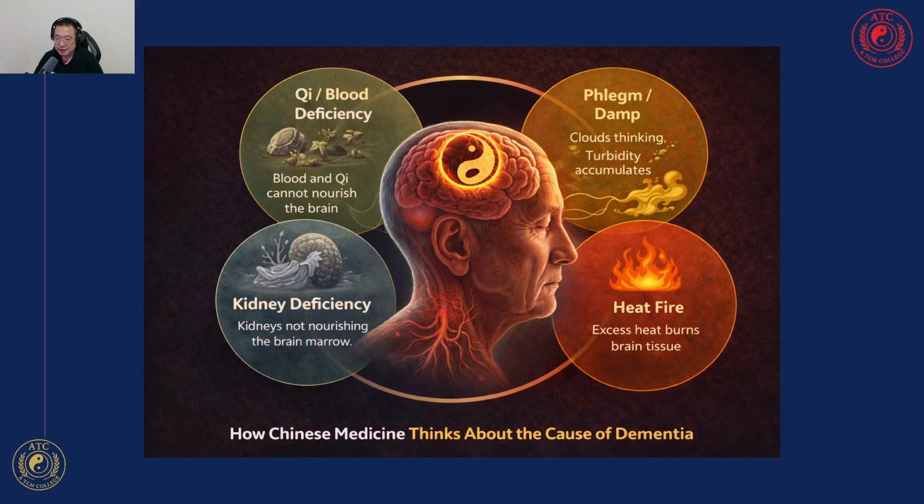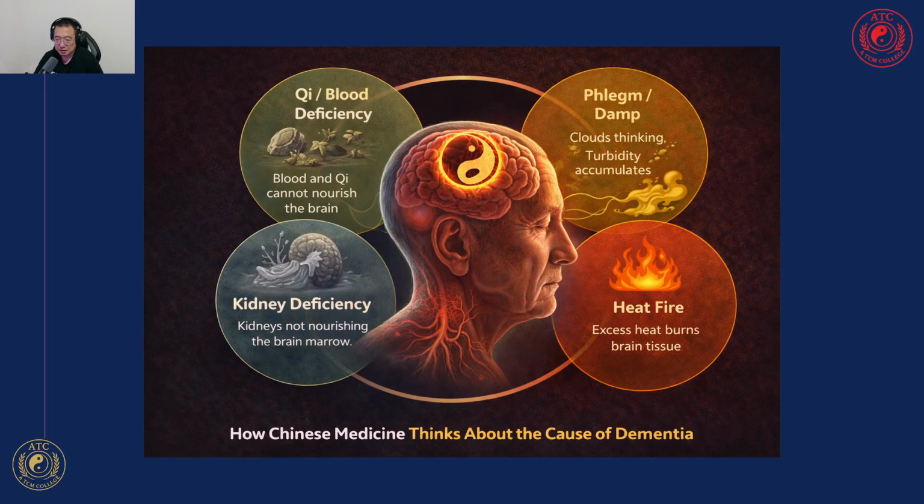And for the excess, the yang part, there are two things that need to be concerned in the cause of Alzheimer's and dementia. One is phlegm, dampness. That's like clouds covering the brain. The turbid, sticky pathogen blocks the thinking process of the brain, and the turbidity accumulates.